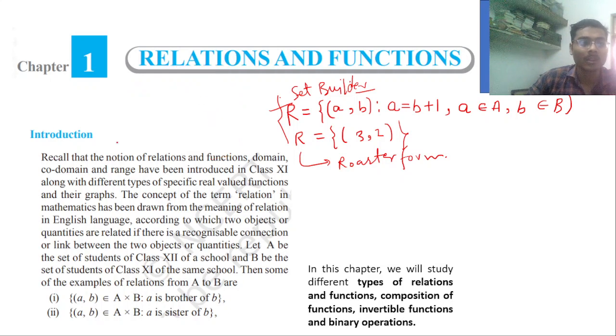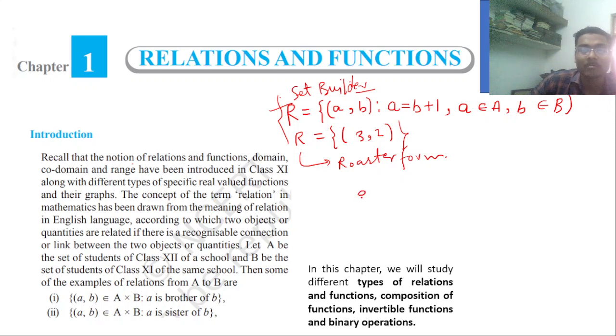Now recall the notion of relation and function, domain, codomain, and range introduced in class 11th. In class 11th, you studied a little bit about these topics. What we are going to study in class 12 today, along with these, are different types of specific real valued functions and their graphs.